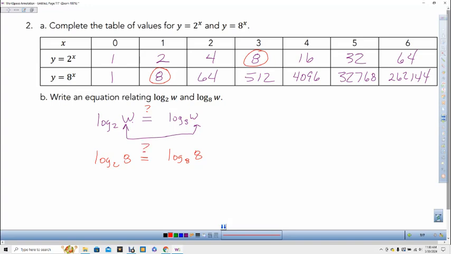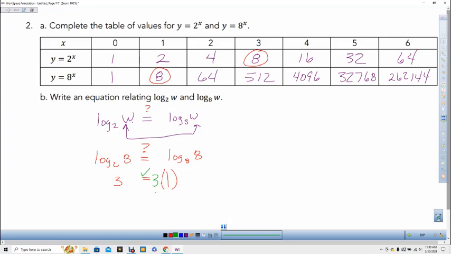Well, the log base 2 of 8 is going to be 3, and the log base 8 of 8 is going to be 1. So what's the relationship here? Well, this one was multiplied by 3. We would have to multiply it by 3 for these two to actually be equal.